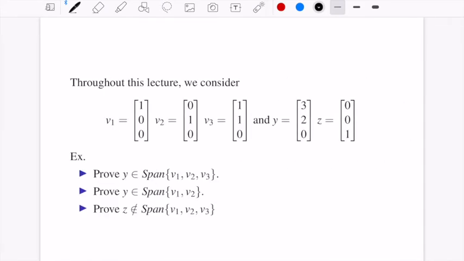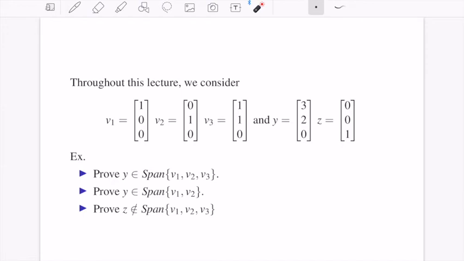Now in the last lecture, we have seen one example with 5 vectors. The moving skill sets are given by 3 vectors, v1, v2, v3 in the 3-dimensional space. And there are 2 villains, y and z.